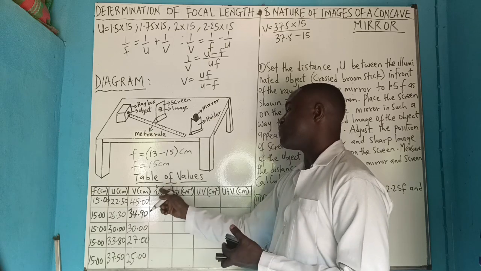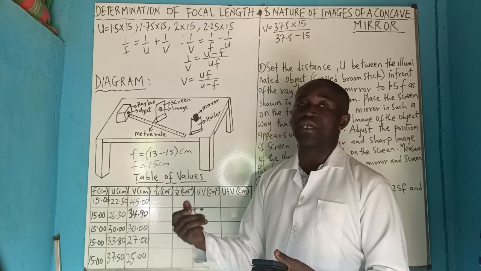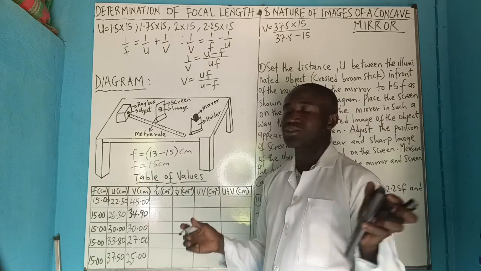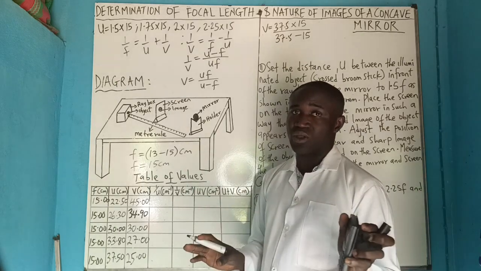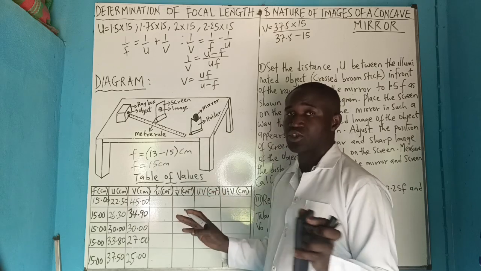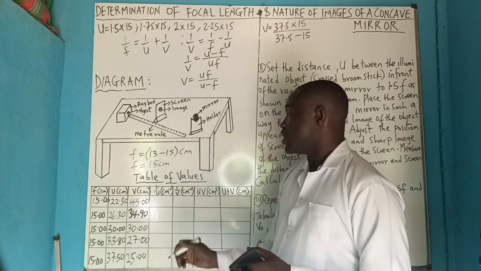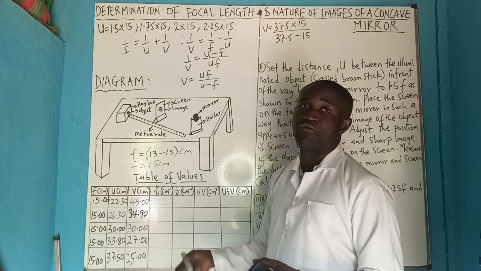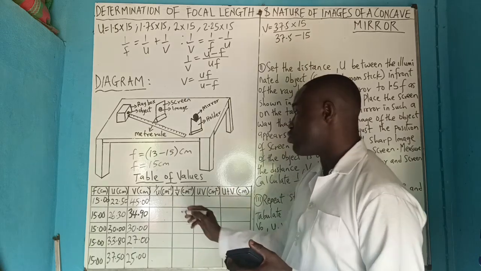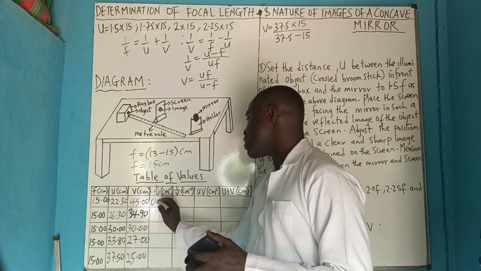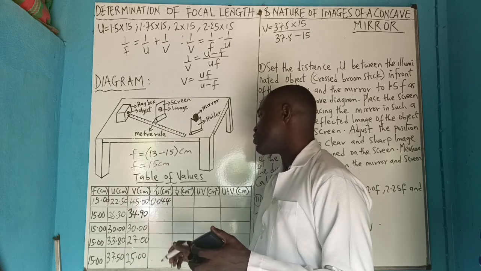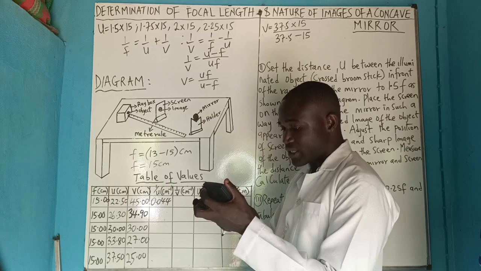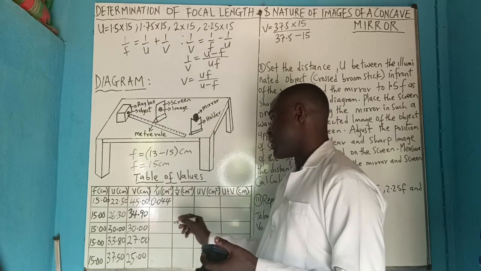Now, because 1 over U is not gotten from measuring instrument, are you getting it? It's just what you get from calculator. It's gotten by calculation. It's not by measurement. It doesn't have reading accuracy. So we can put it in 3 or 4 decimal place. And so we'll be having 0.044, 26.3 inverse 0.038.